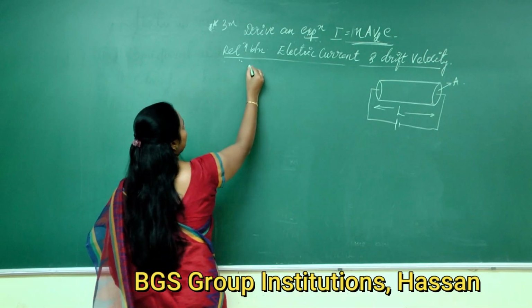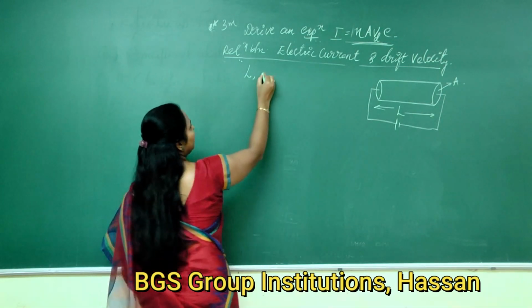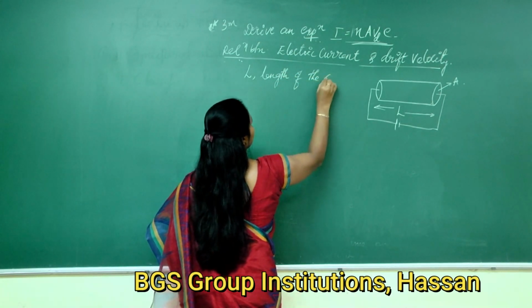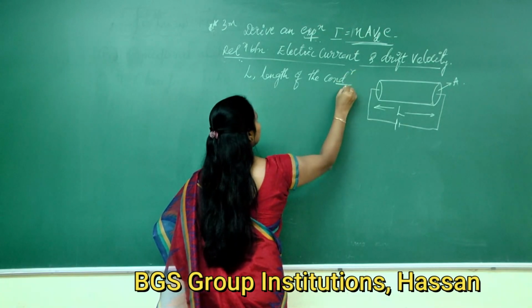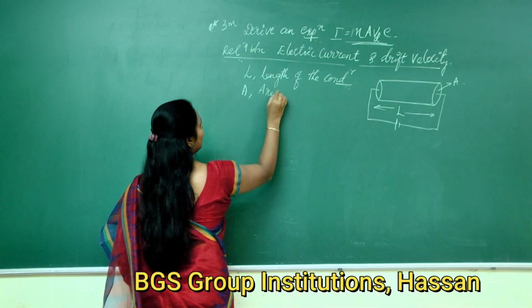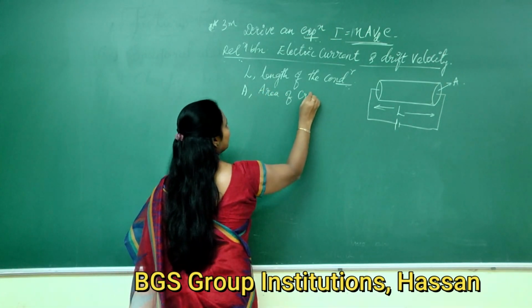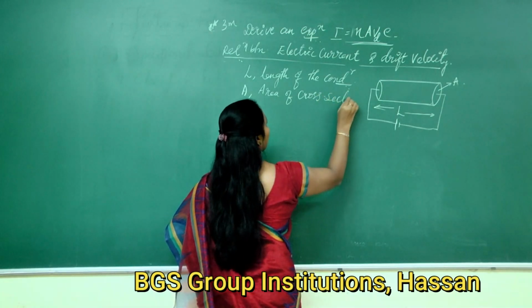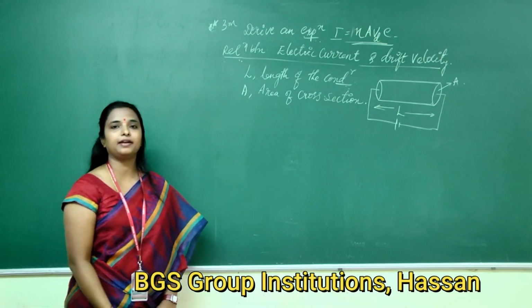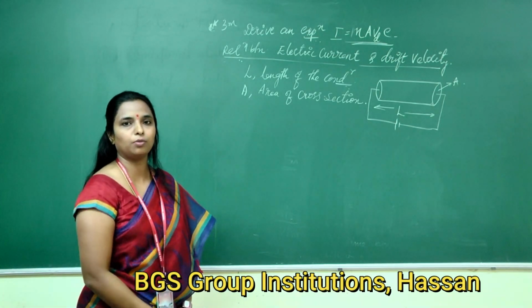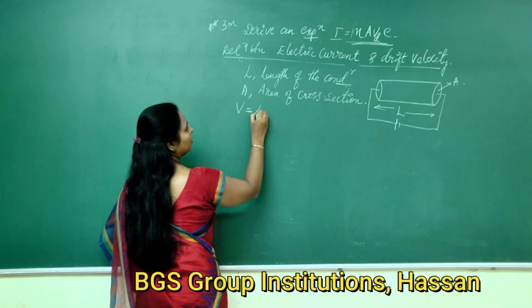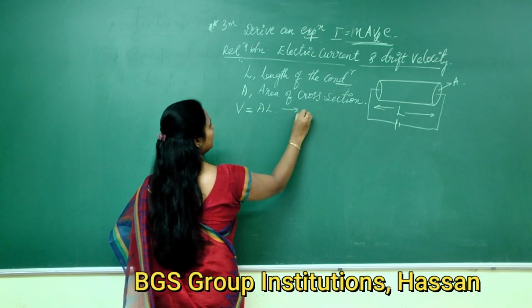Let L be the length of the conductor and A the area of cross section of the conductor. When you have area and length, can you calculate the volume of the conductor? Yes, we can calculate the volume as V is equal to A into L.